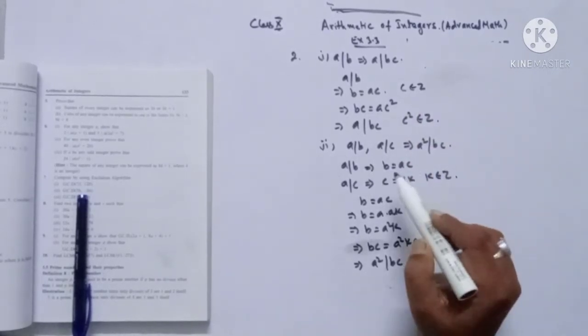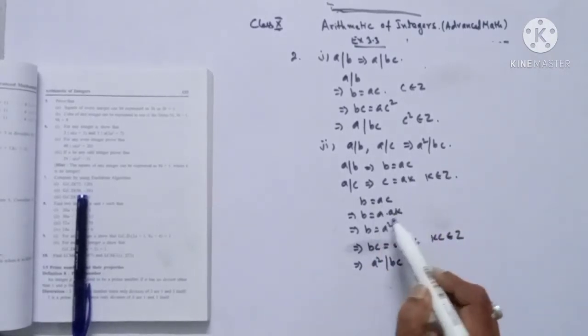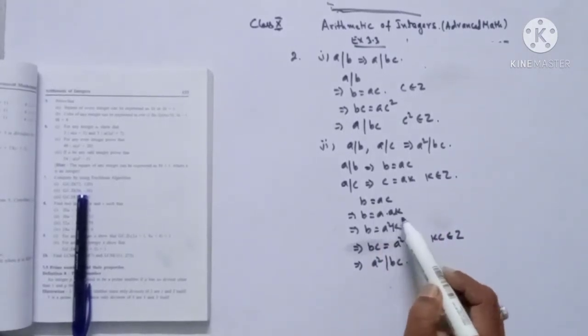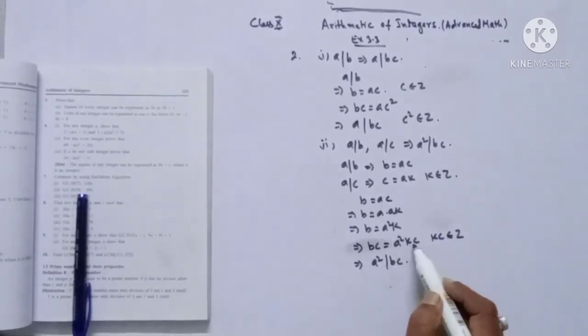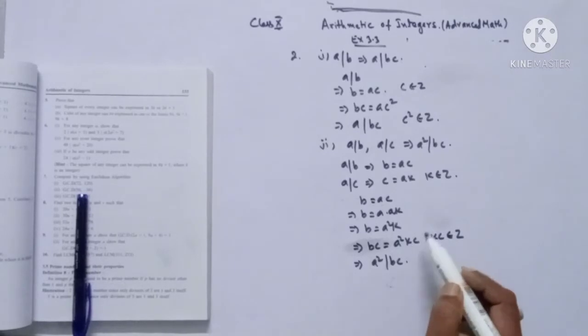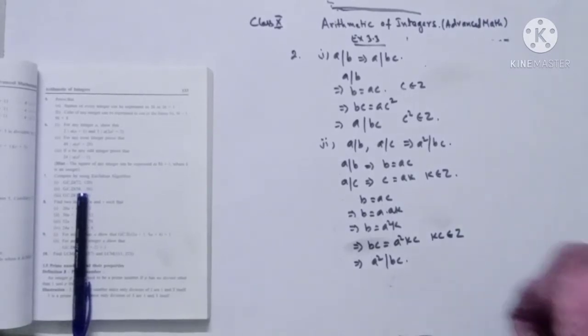And similarly again here also instead of C I placed here A, and I multiplied both sides by C, so K and C both are integers. So A square divides BC.